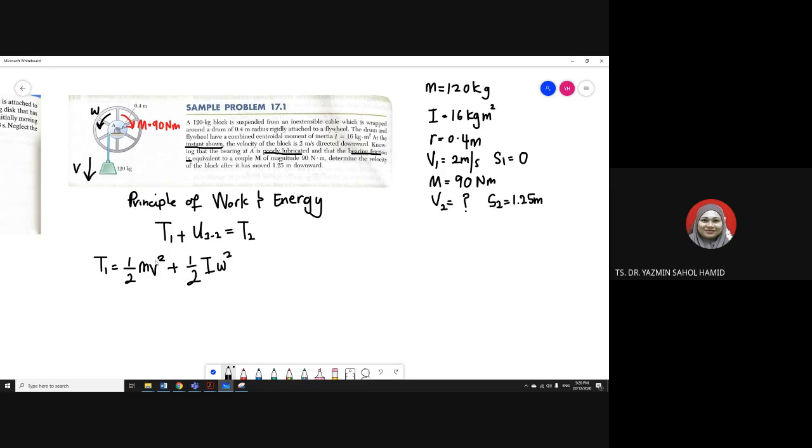This is how you decide what kinetic energy is involved. These are the two types of kinetic energy involved. That is for T1, and it will be the same for T2.